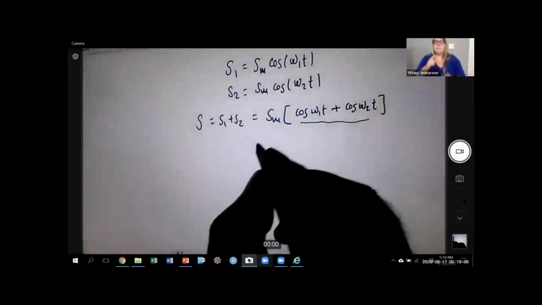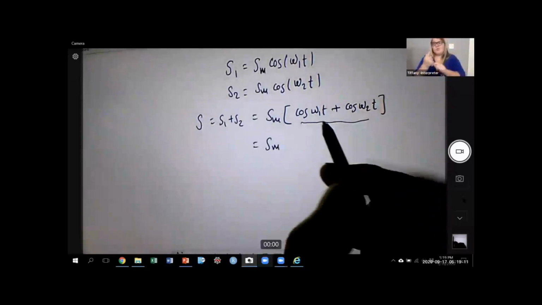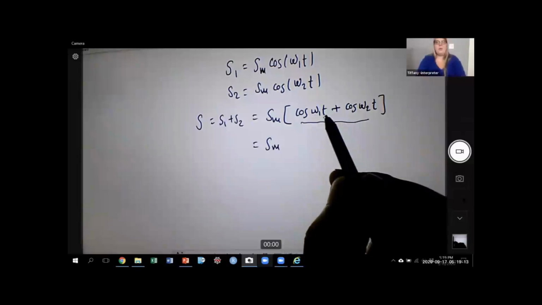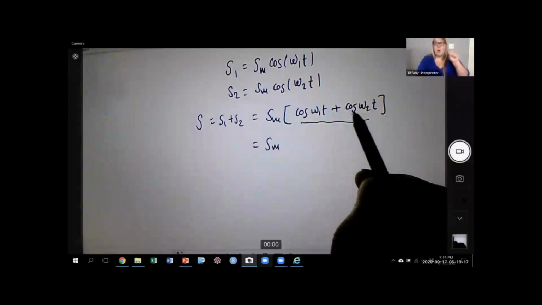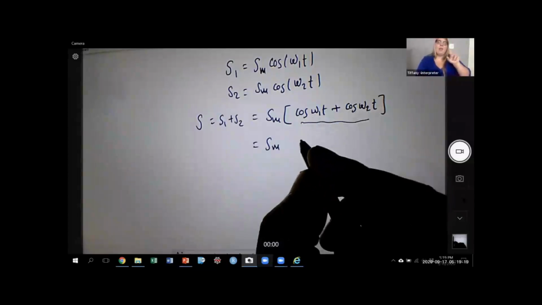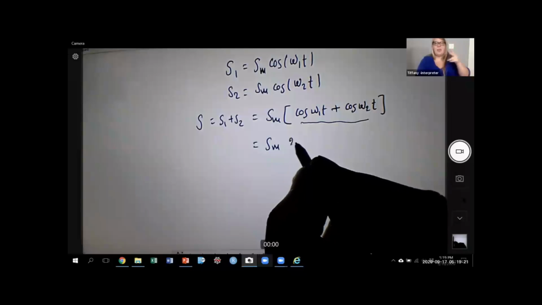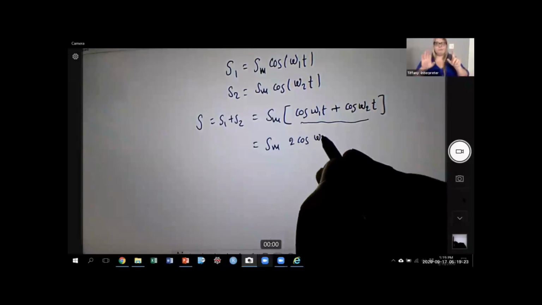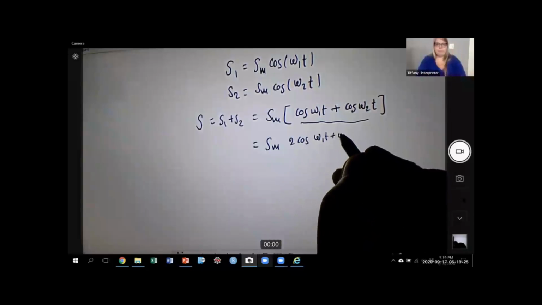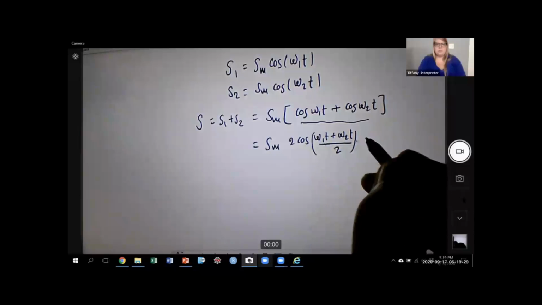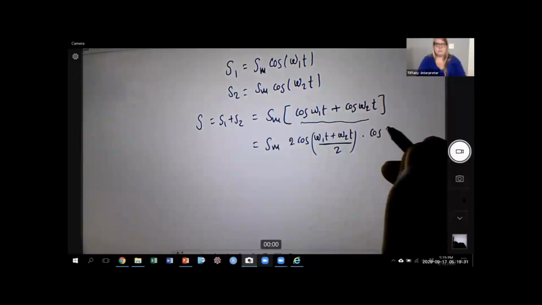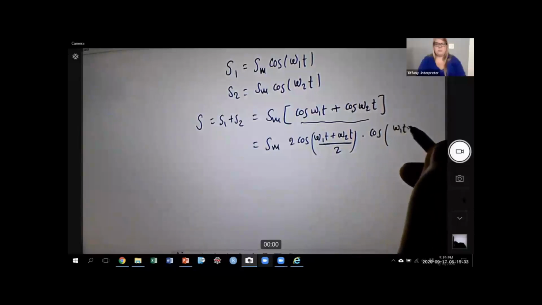You can go back and see in the wave topic. So this is cos u plus cos v, or cos theta 1 plus cos theta 2. If you add them from the trigonometric relation, you're going to get 2 cos (u plus v)/2 times cos (u minus v)/2.